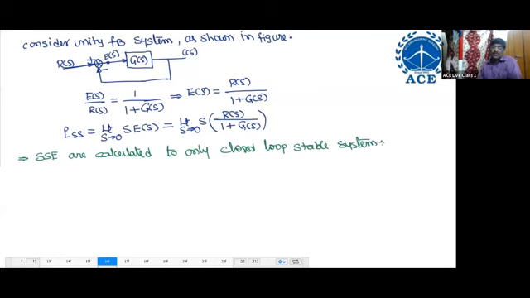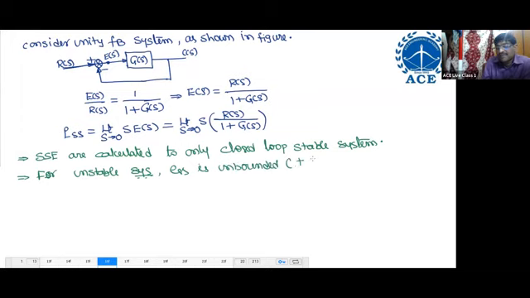For an unstable system, the steady state error ESS is unbounded. Unstable means the response goes to plus or minus infinity. To find it, just find C of t. If it is plus infinity, the error is plus infinity; if minus infinity, the error is minus infinity.